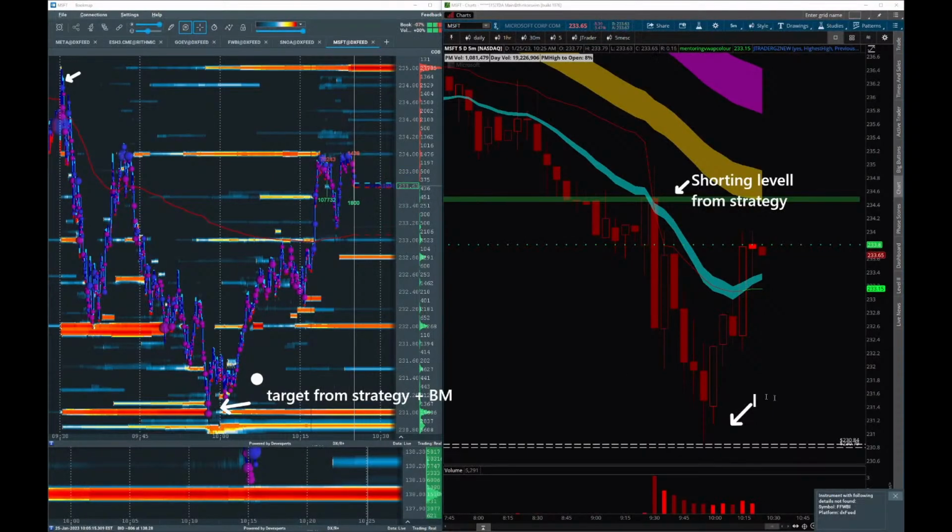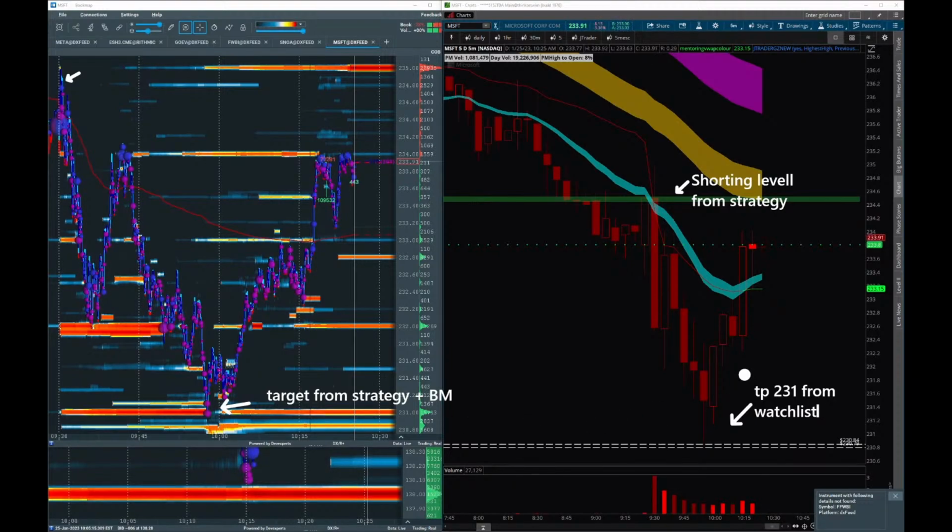So we had a confluence of signals, all right? So over here, TP 231 from watch list. So this is not inside. This is the plan that I gave at 7:42, looking for, I'm sorry, I have a little bit of a cough today, looking for the confluence of signals. Okay.